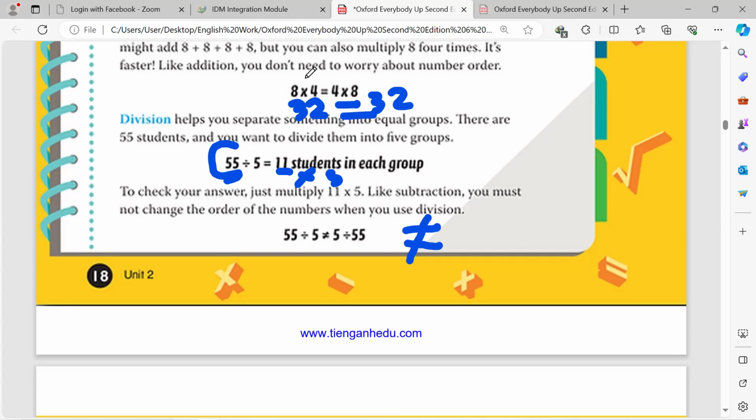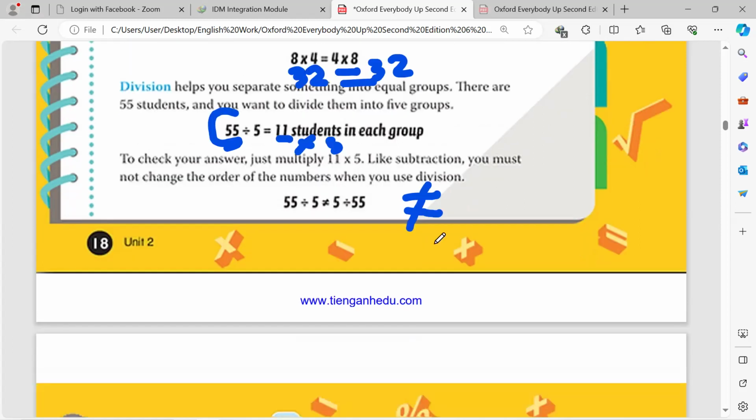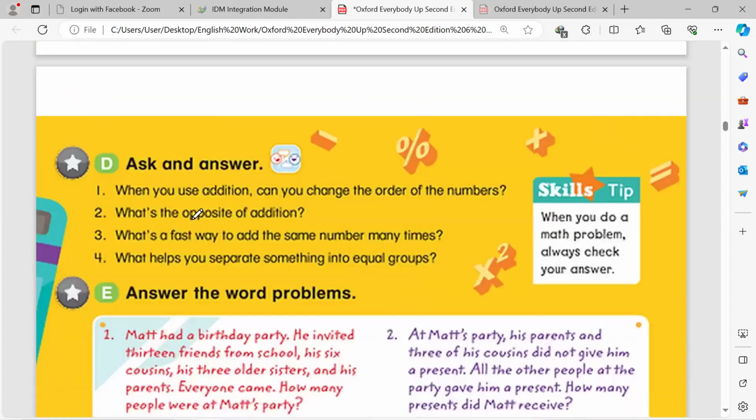But 55 divided by 5 is not equal to 5 divided by 55. So let's go and look at the exercise.